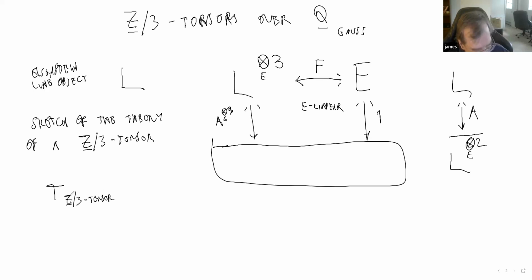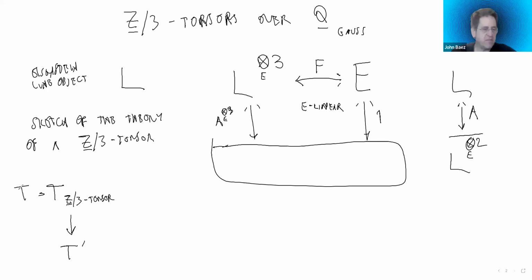And now there's another theory that I can put down here, and I'm not sure what to call it. Maybe I'll call this one T prime, but maybe I'll call this one T. So we've got T going to T prime.